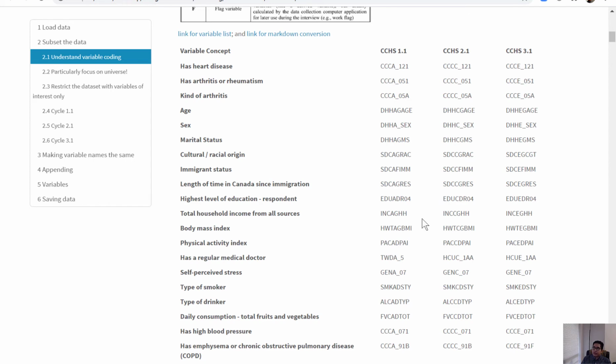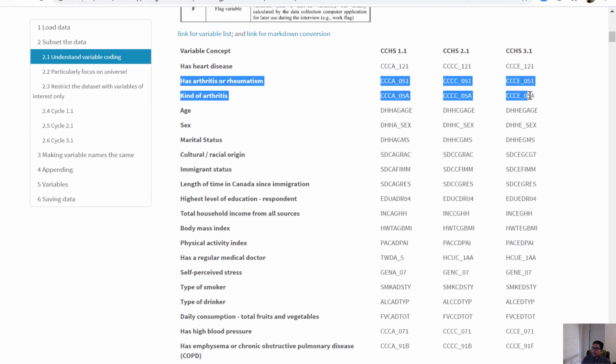So for example, in our case, whether a subject has heart disease or not is our outcome. Whether a patient has rheumatoid arthritis or not is the exposure variable, and that variable can be created using these 2 variables.